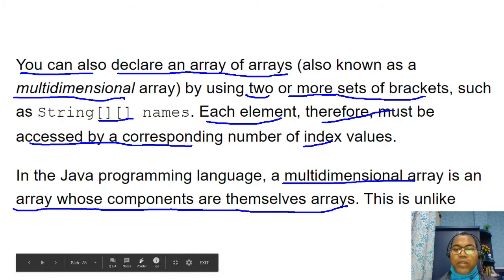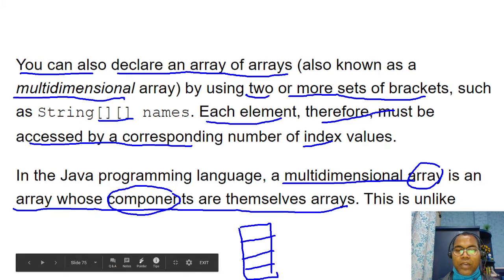What we're trying to say is, let's say this is an array. A multi-dimensional array is an array, meaning it has a fixed size. Let's say array of 4. But those components are elements, and each element is itself an array.